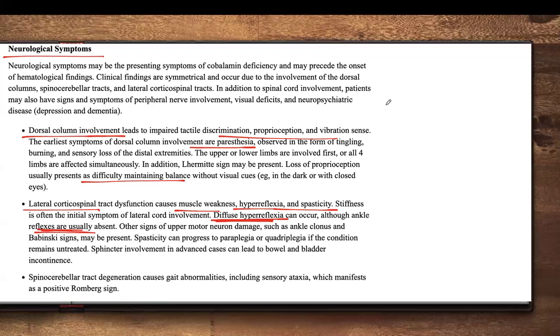So that's why even though there should be hyperreflexia, sometimes the ankle reflex can be absent in this group of patients. So from here we know that this condition will cause tingling numbness sensation, peripheral neuropathy, loss of balance, loss of vibration, and diffuse spasticity mostly in the lower leg, and hyperreflexia, right?